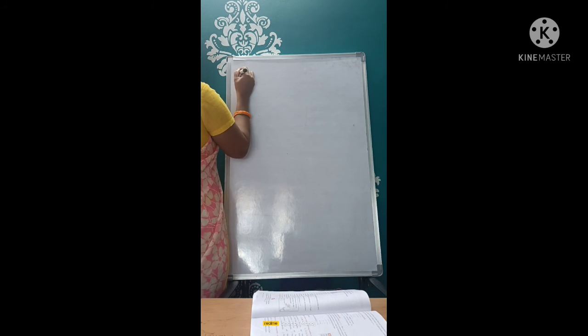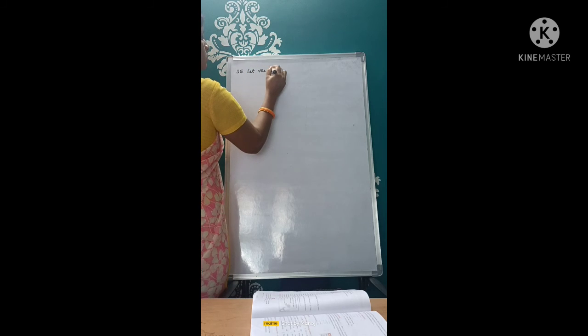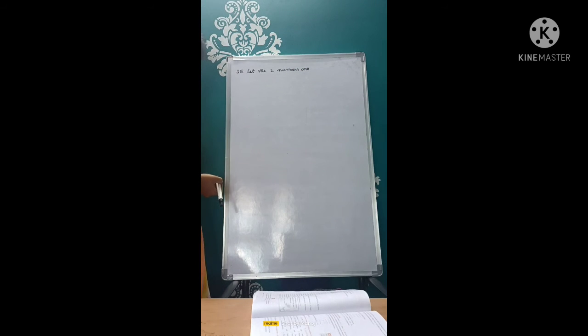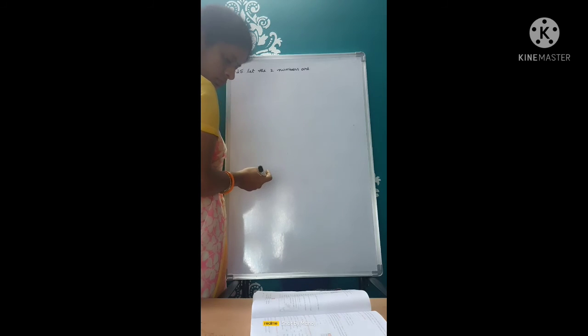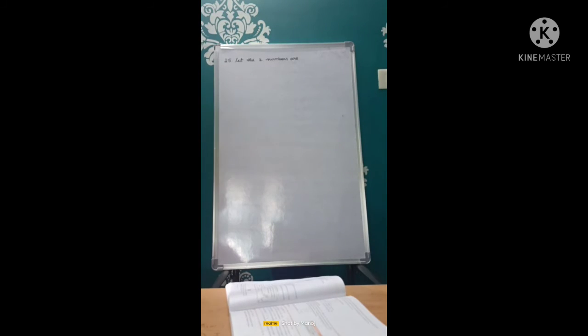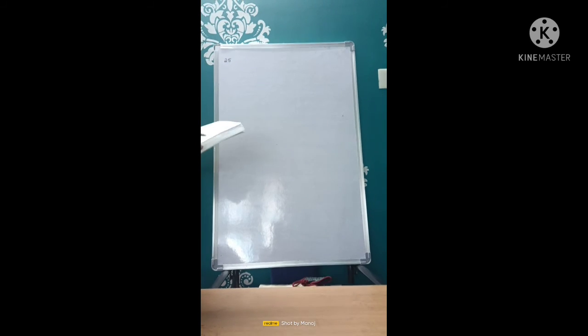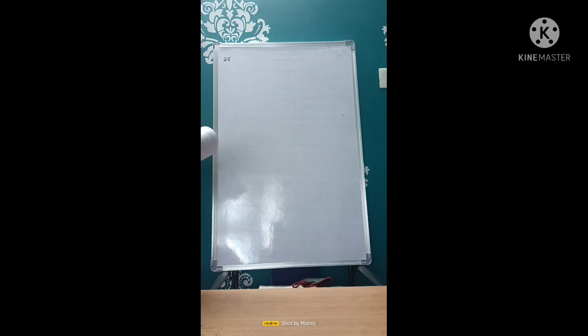Okay, question number 25. What number must be subtracted from each term of the ratio 15:23 so that the ratio becomes 7:15?